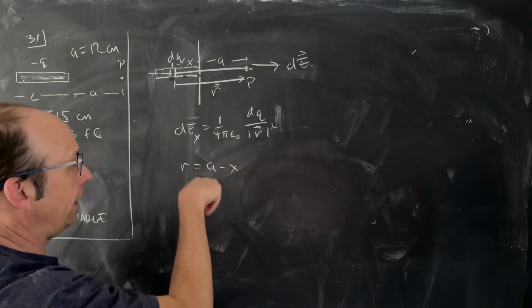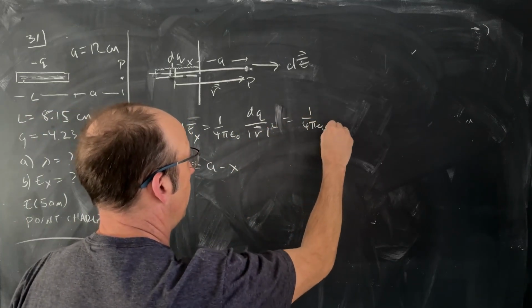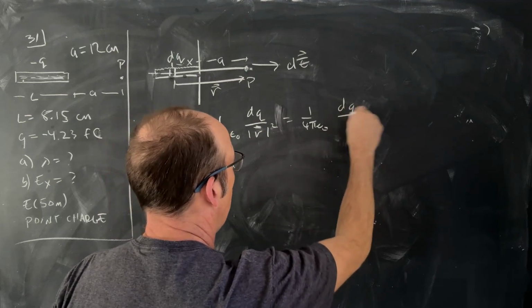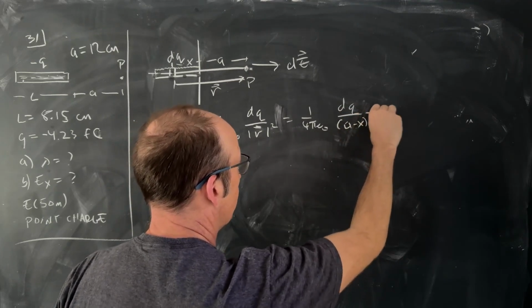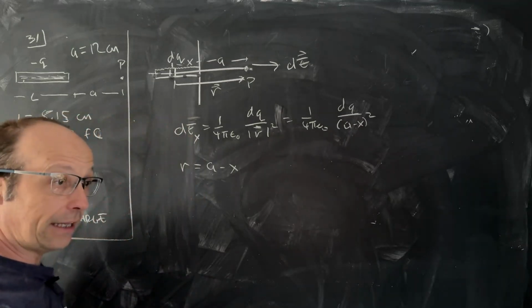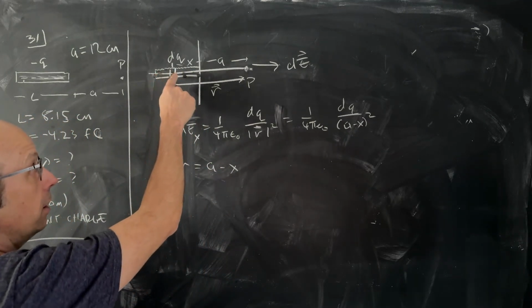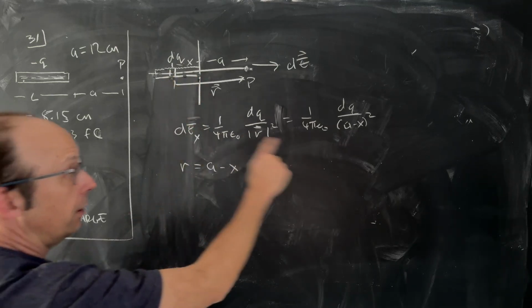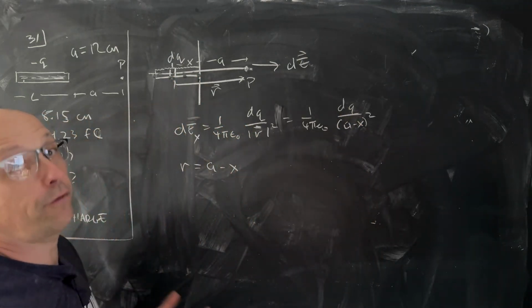So I can put that in up here, and I get 1 over 4 pi epsilon naught dq over a minus x quantity squared. Now, I can't integrate that, right? Because as I move along here, what's changing? Well, my x value is changing. That's a variable. But my integration variable is dq. So I have a problem.